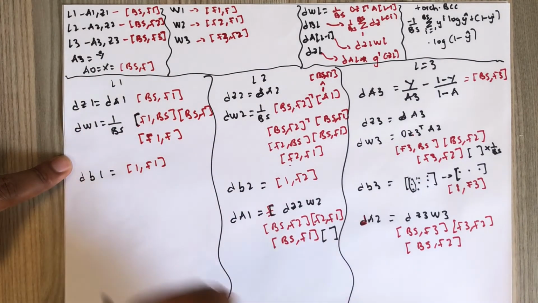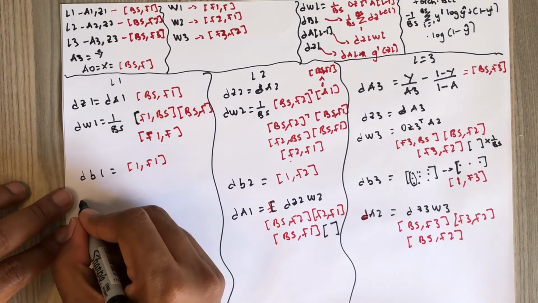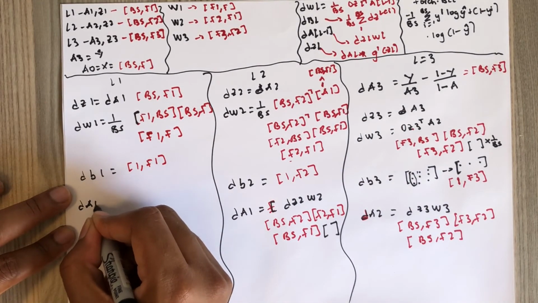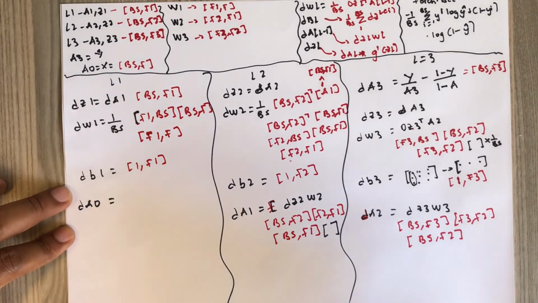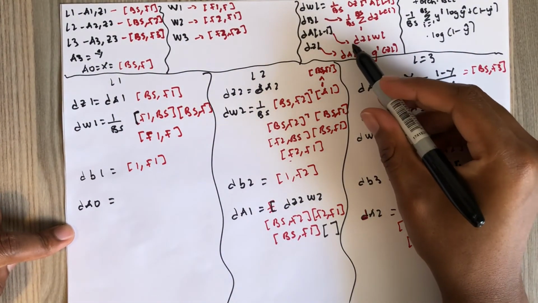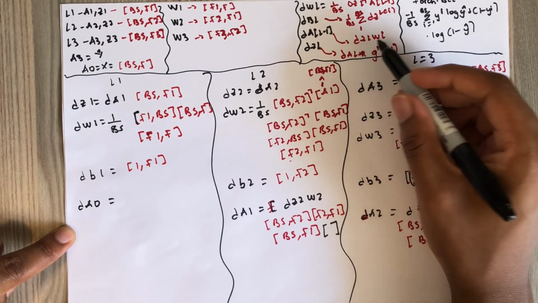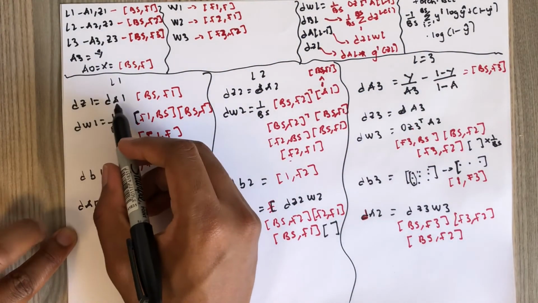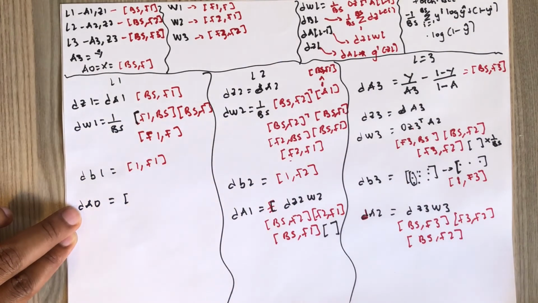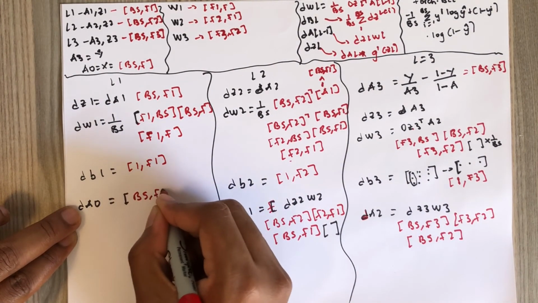Then finally, technically, I'm not sure if you need to, but you can compute dA0. dA0 is what? dz1 has a dimension of what? bs by f1.